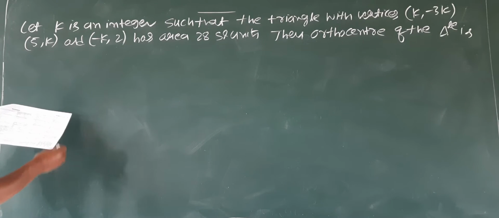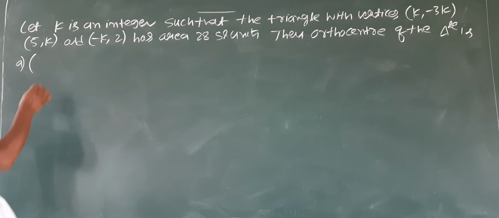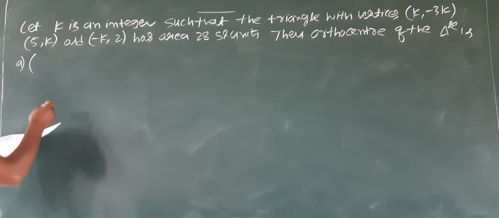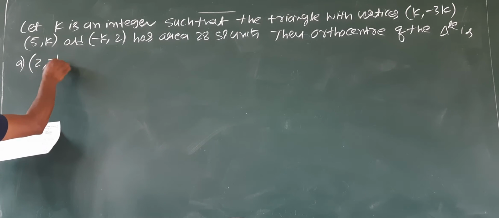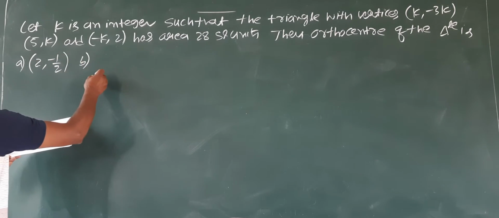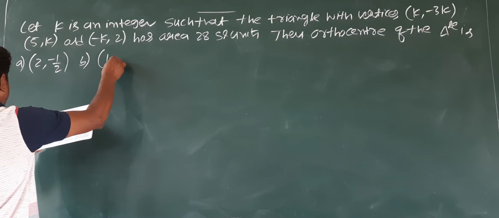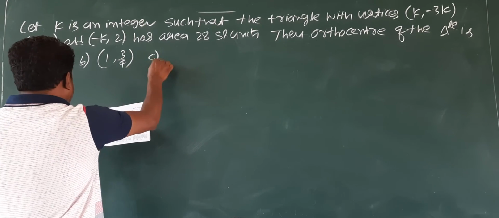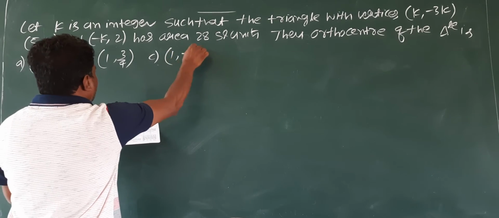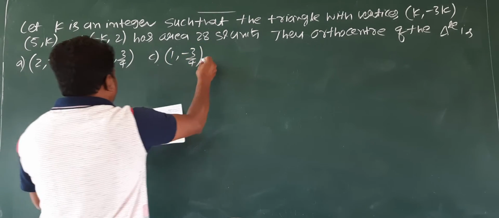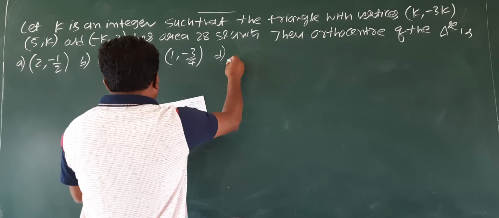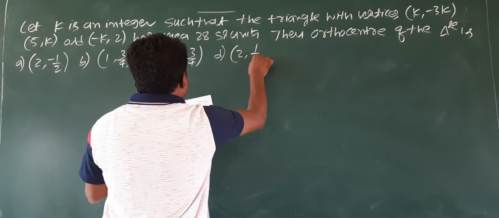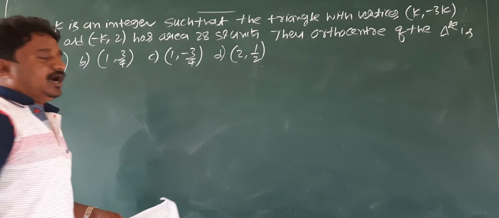Option A, first option, 2 comma minus 1 by 2. Option B, 1 comma 3 by 4. Option C, 1 comma minus 3 by 4. Option D, 2 comma 1 by 2.